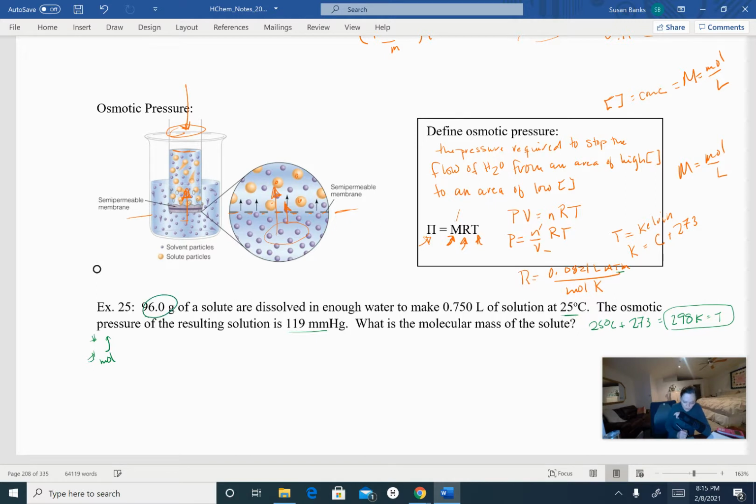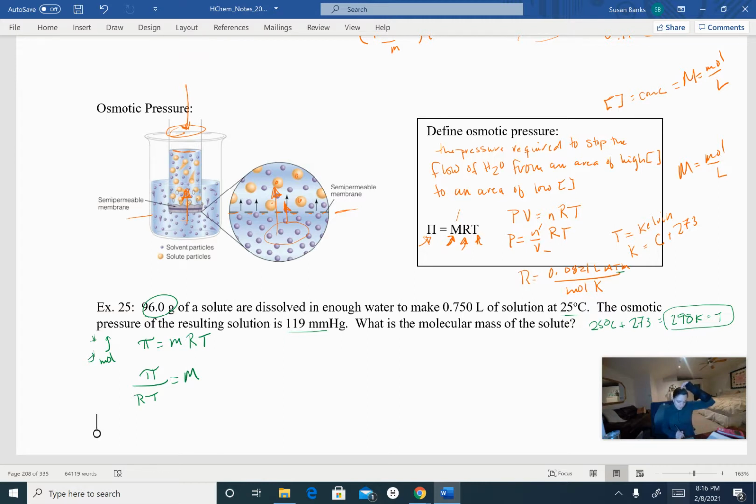We've got our grams already, so we need to figure out number of moles. We have osmotic pressure equal to molarity multiplied by the gas law constant times T. If I isolate molarity, I get the pressure divided by the gas law constant divided by the temperature. Do you guys agree with that?